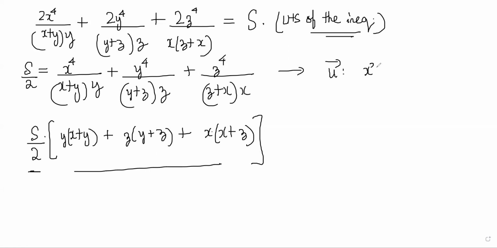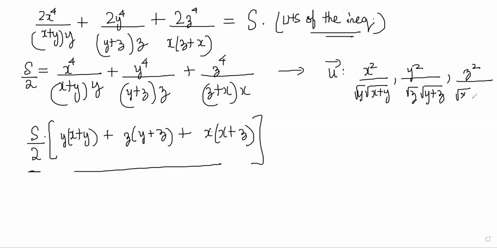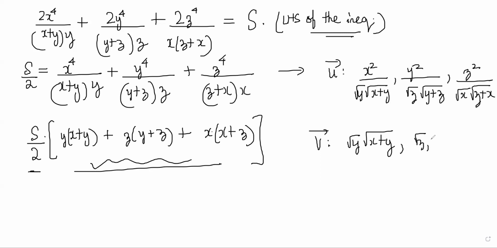The u vector will be x² / (root y root(x + y)), y² / (root z root(y + z)), and z² / (root x root(x + z)). And this will become my v vector's terms. The v vector would be root y root(x + y), root z root(y + z), and root x root(x + z).